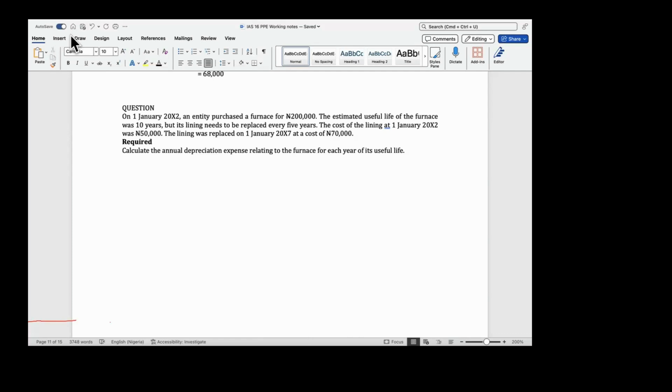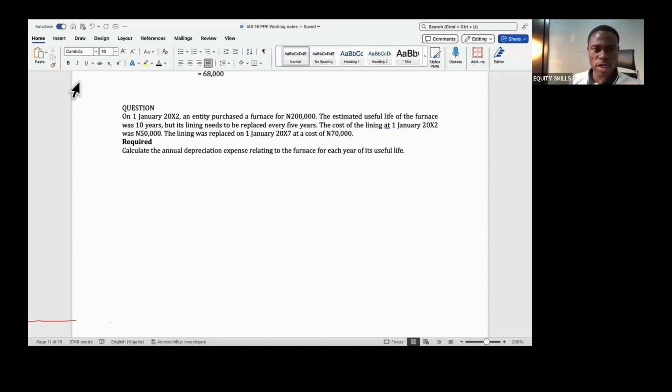The lining was replaced on 1st of January 2007 at a cost of 70,000 naira. You are required to calculate the annual depreciation expense relating to the furnace for each year of the useful life. That's the question. Okay, thank you very much, Femi.